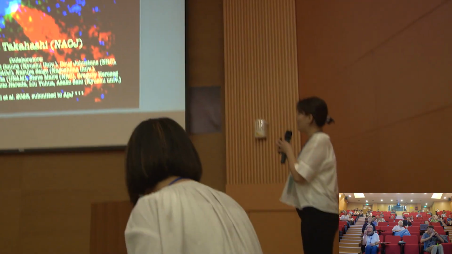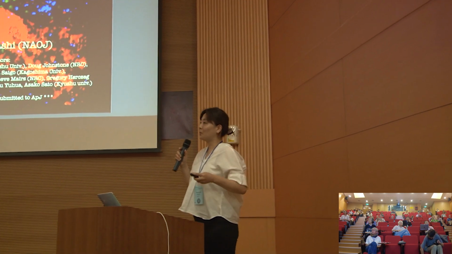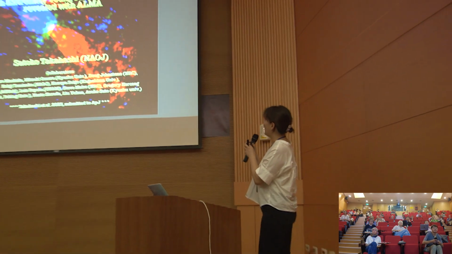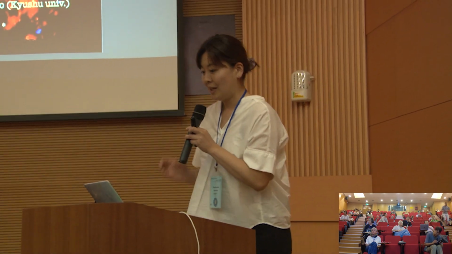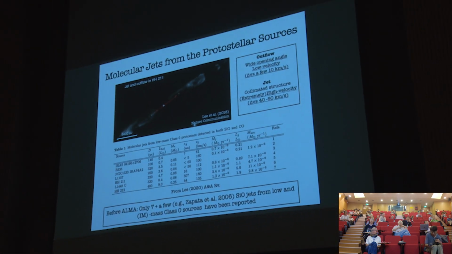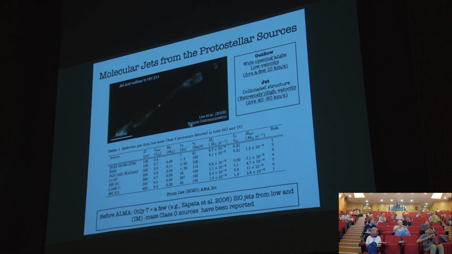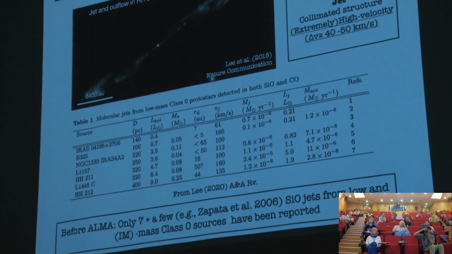Okay, hello everyone. Today I'm going to talk about a very compact outflow from a very young protostellar source. As many people presented nice outflow and jet results, these are very important for removing angular momentum.